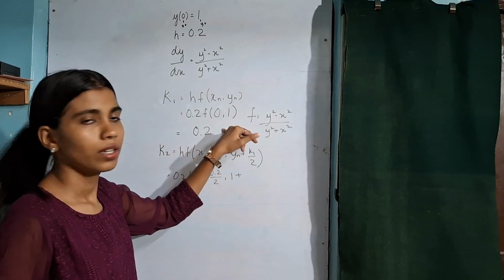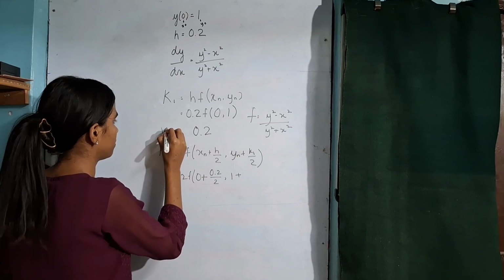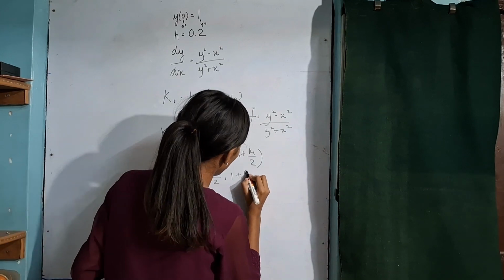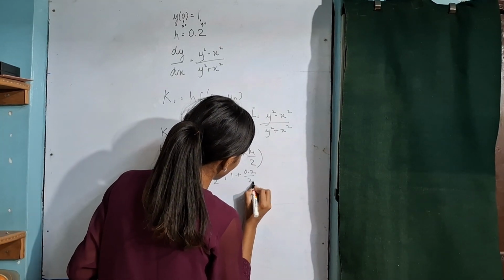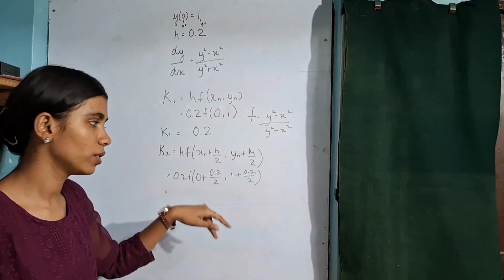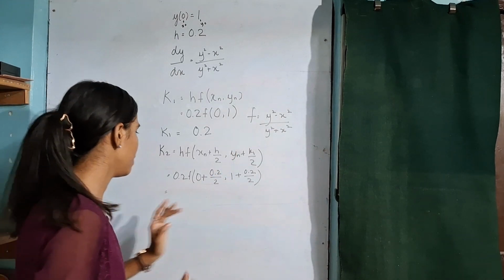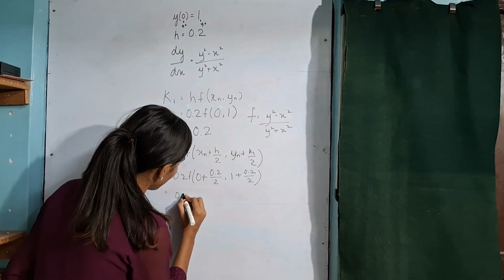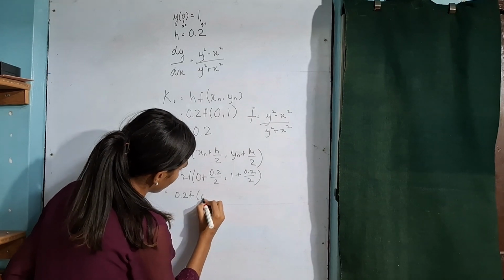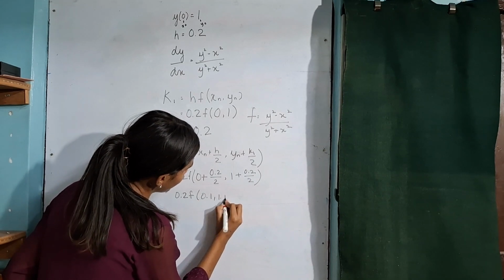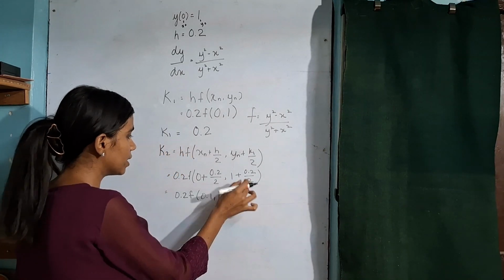K1 value is found here. This is your k1, it is 0.2, divided by 2. So if you simplify this, you get 0.2 f of 0.1 comma 1.1. Only if you solve this part and this part.